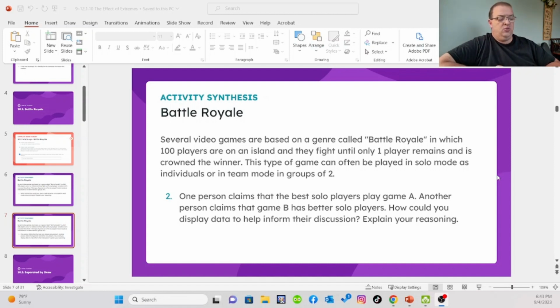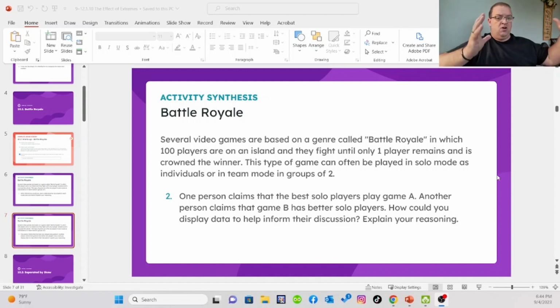And then you could compare the value of the measure of center. You could compare the mean or the median and see which one is higher and say that the game that has the higher average player has the better players. Or you might say, the second game has a better average player, but their results are widely varied.